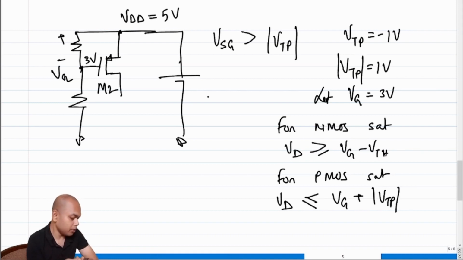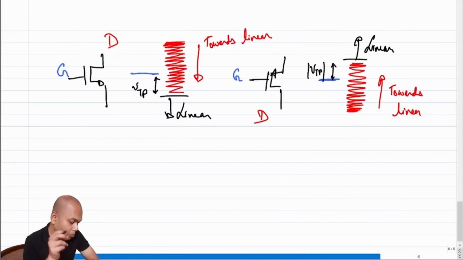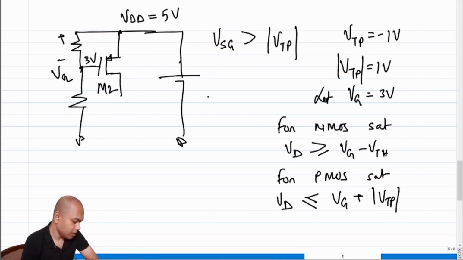The maximum voltage will be 3 volt plus the mod of VTP, so the maximum is 4 volt. All you have to do is ensure that this voltage of M2 doesn't go above 4 volt, and then the transistor is in saturation, right?